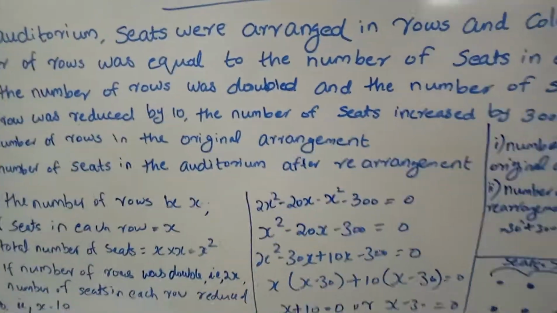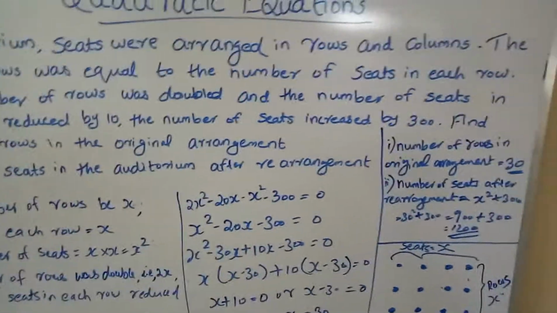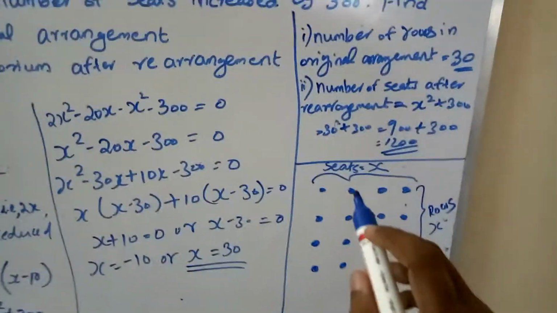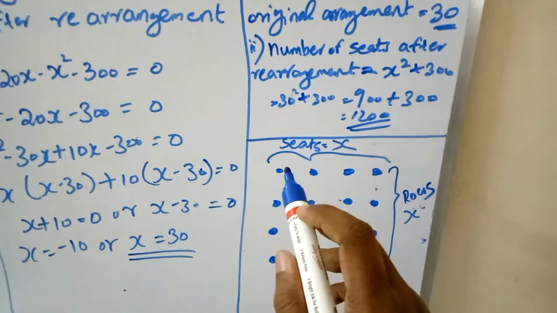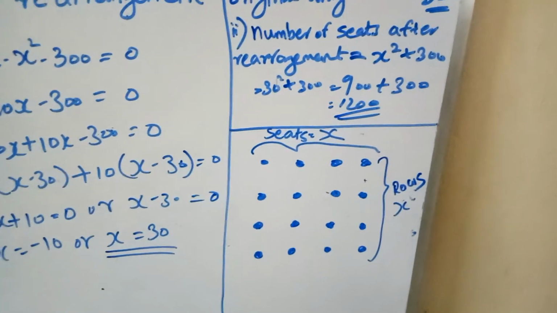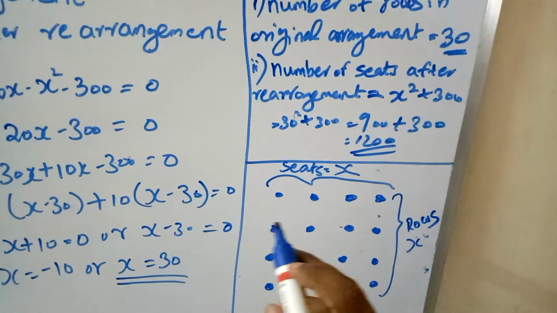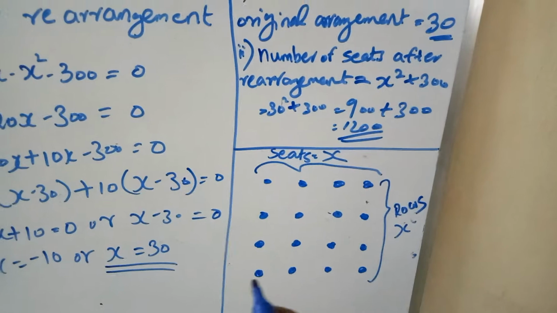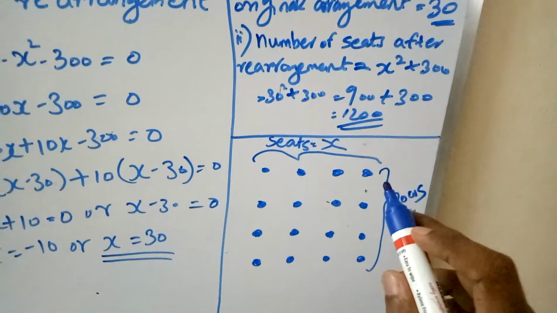In this type of question, first you must understand the question clearly. Imagine an auditorium with seats arranged as rows and columns. It is given that the number of rows is equal to the number of seats in each row.